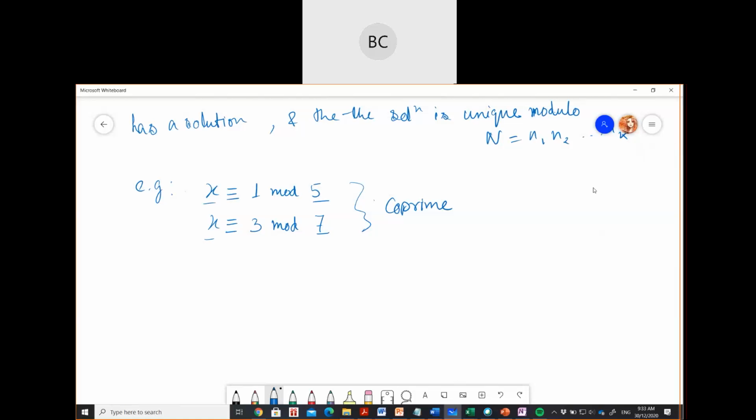The GCD is 1. Okay, so before doing any of the solutions, what you need to first take care of is that these numbers are co-primes.